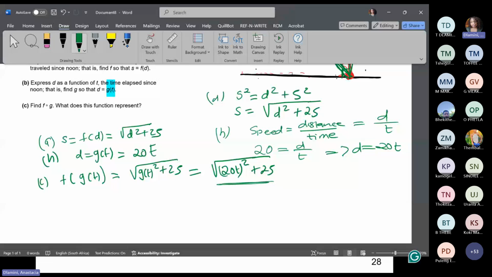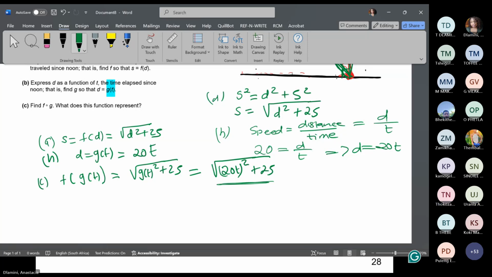So then this gives a distance, listen to this, as a function of time. So meaning that from noon, let's say after 1 o'clock, 2 o'clock, this actually gives you the function of the distance traveled after time t. Does it make sense?